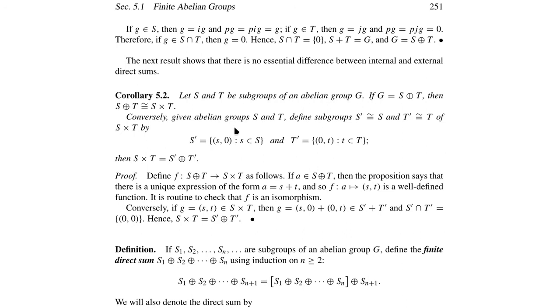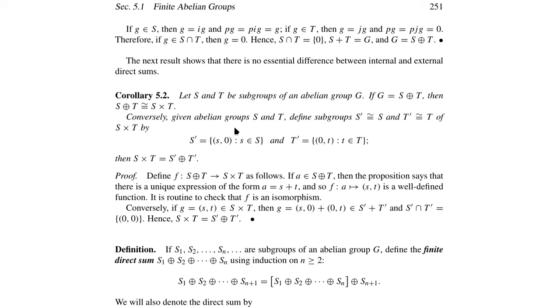With this, we're going to show how the external and the internal direct sums are basically the same. So this corollary says that you have S and T as subgroups of the abelian group G. If G can be written as the direct sum of S and T, then the direct sum of S and T is isomorphic to S cross T, right?